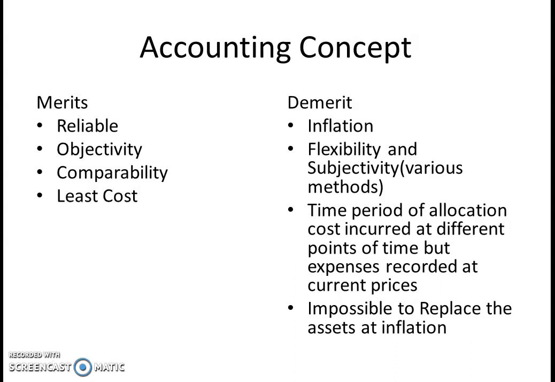We all know that. So the cost is incurred at a different point of time, but expenses are always recorded at current prices. It means that in that year, expenses were to be recorded at the price which was there at the end of March. They were not bothered what happened before or after demonetization. That is not taken into consideration.